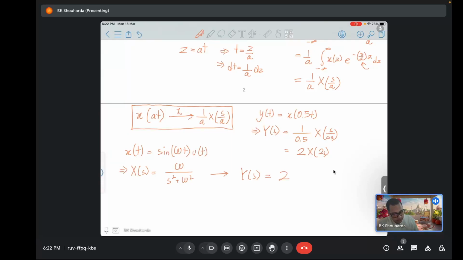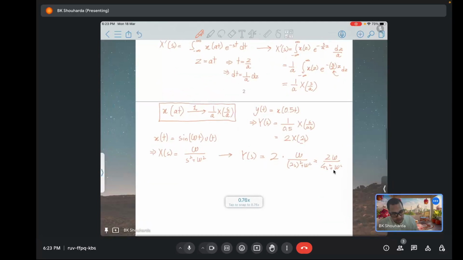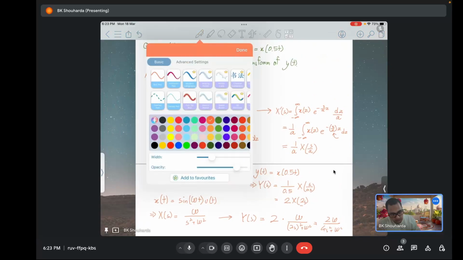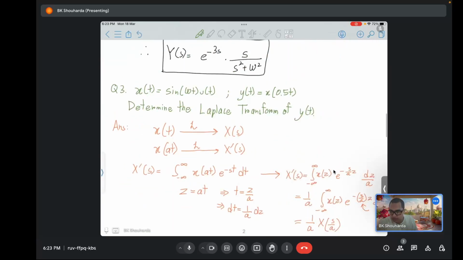Now I will substitute s by 2s: 2 omega by (2s) square plus omega square, that turns out to be 2 omega over 4s square plus omega square. Alright, so our Y(s) over here is 2 omega over 4s square plus omega square. This is the answer.